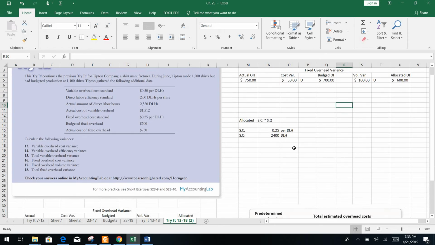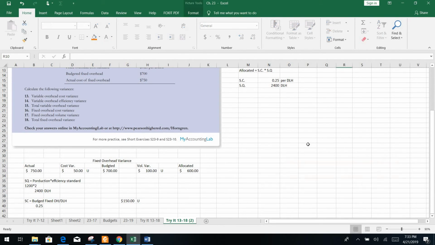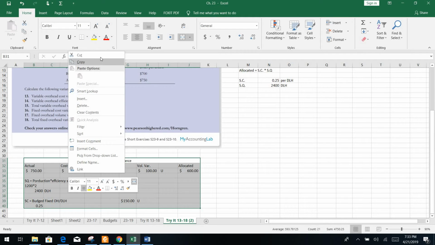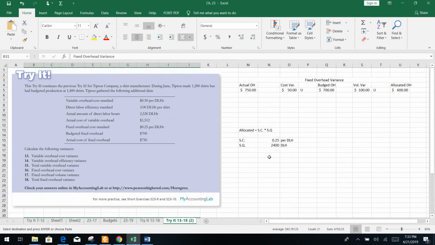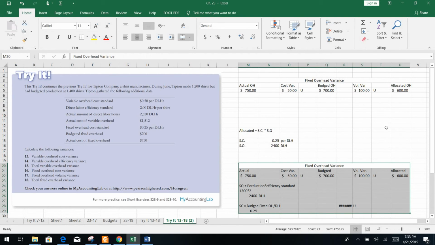I did it previously, and I want to check to make sure that everything I told you is correct. So I'll just copy paste my previous problem here and compare the answers.